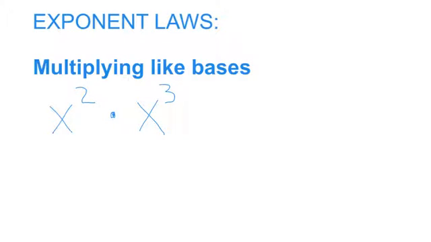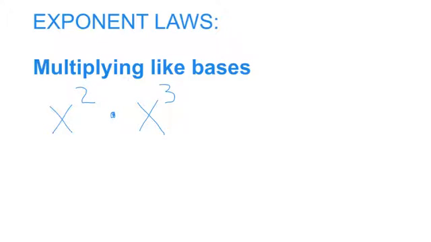Okay, this video is about the exponent law on multiplying like bases. Here we have the like base of x for both of these, and we're multiplying the two of them together. So let's take a look at the expanded view on this one.